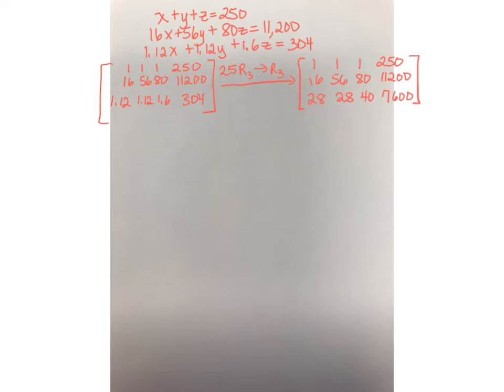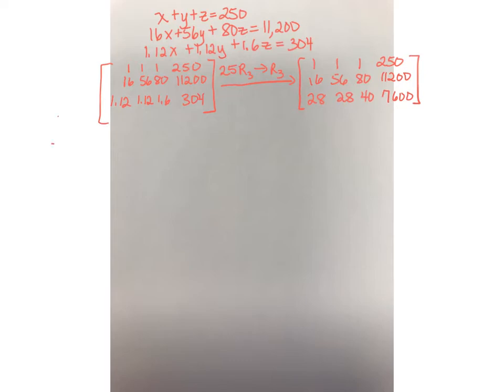Now we're going to simplify rows 2 and 3 because those are some large numbers. Everything in row 2 has an 8 in common, so we can divide row 2 by 8 or multiply row 2 by 1/8. For row 3, they all have 4 in common, so we can multiply row 3 by 1/4. So that's our next step, to simplify, or to do some more row reductions.